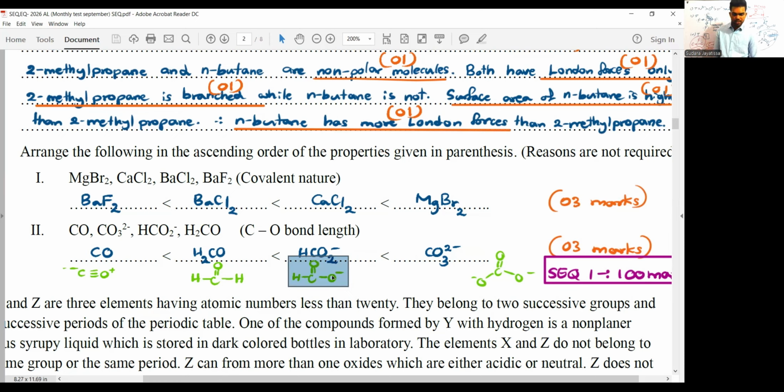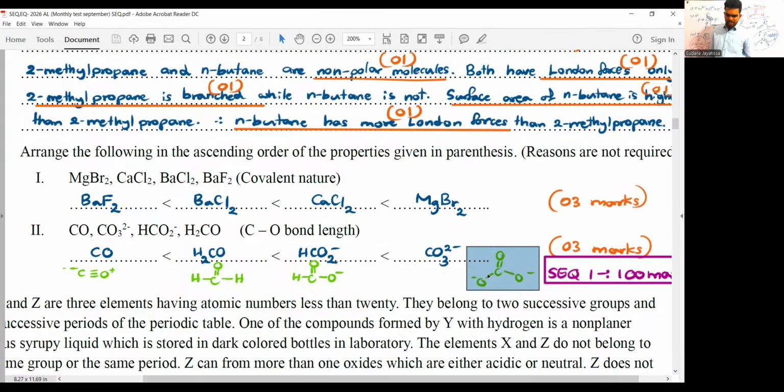Bond order is 1.5. But for carbonate, remind yourselves of the theories we learned, carbonate bond order is 1.33. So it has more single bond character. That's why it is having the largest bond length. Okay, so like that you can understand it.